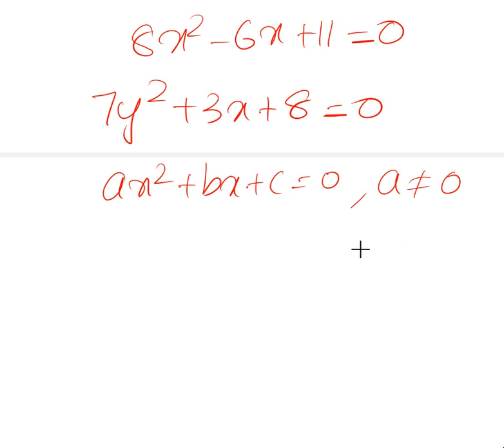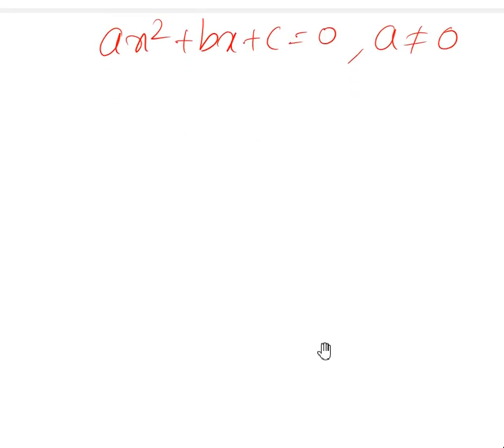For example, 6x² + 5x = 0. Here the c term is absent. a is equal to 6 and b is 5. So this is a quadratic equation.